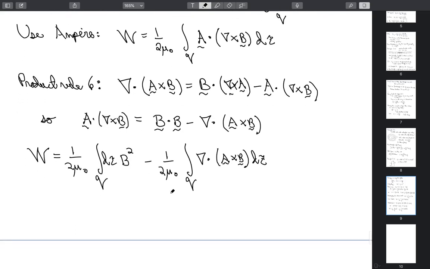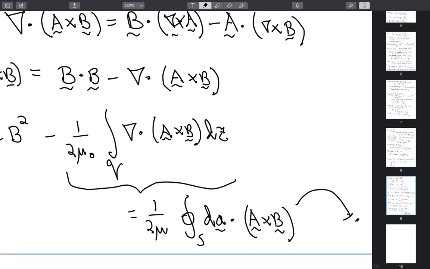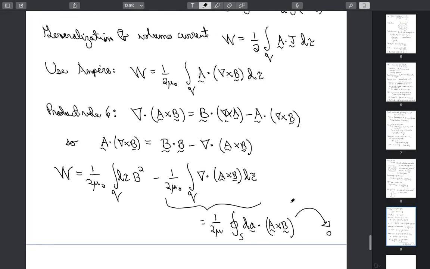But really, this term here, using the divergence theorem, I can rewrite as a surface integral of my surface element dotted into the vector A cross B. Okay, but this I can all put to 0 if I put the surface at infinity.